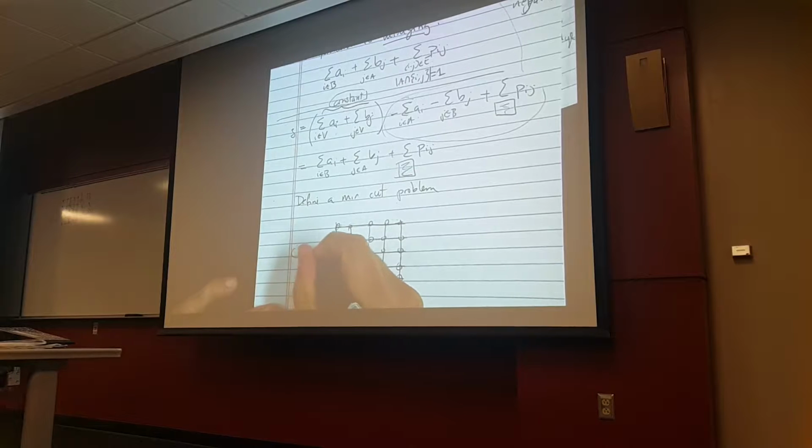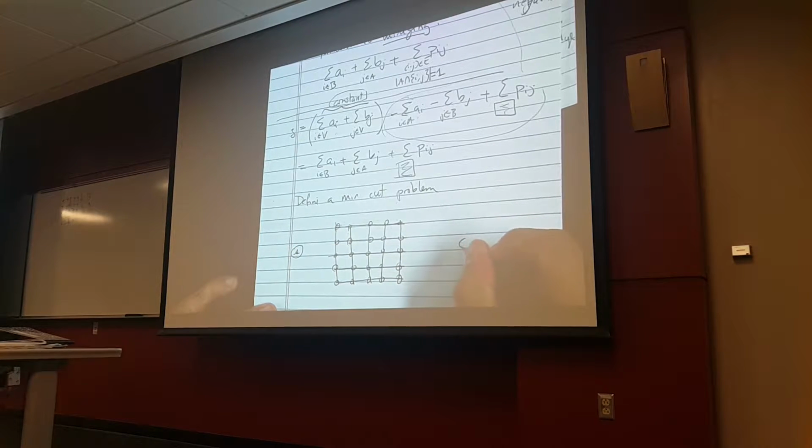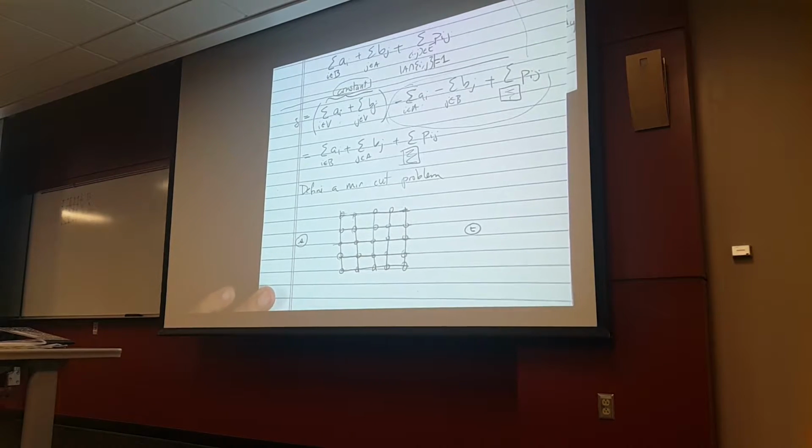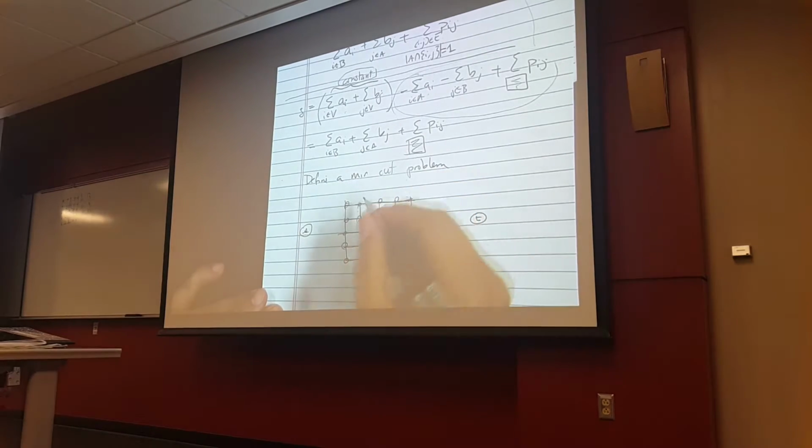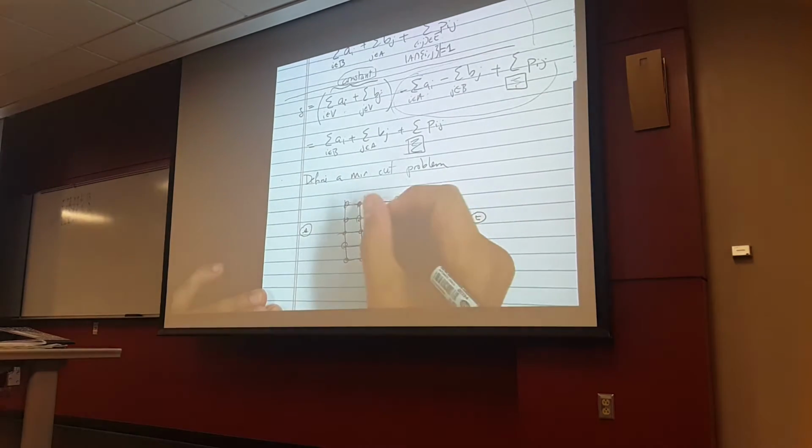So I'm going to add a source and a sink like that. This is going to get too messy to put all in one picture, so I'm just going to show you the relevant parts. What I will do is replace each of these edges by 2.